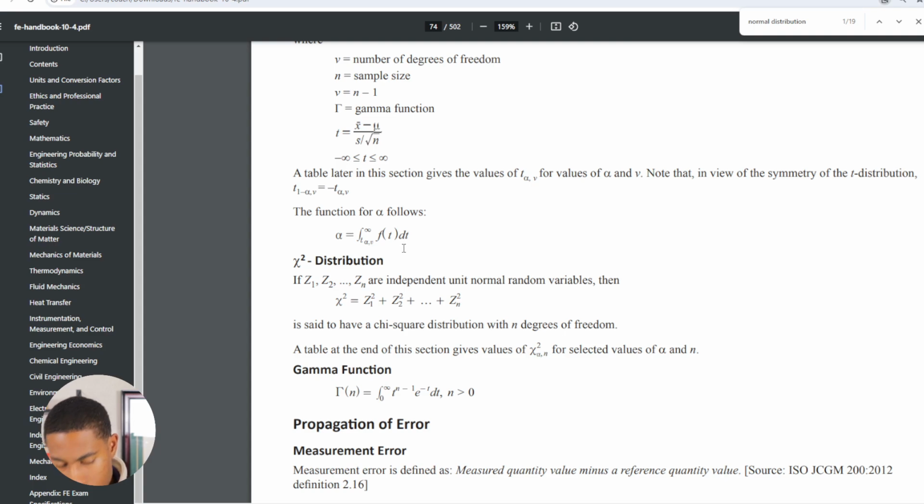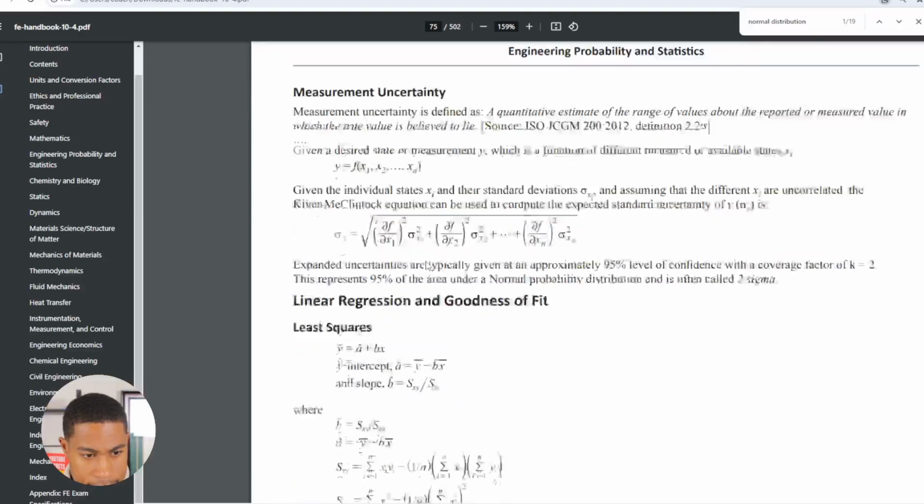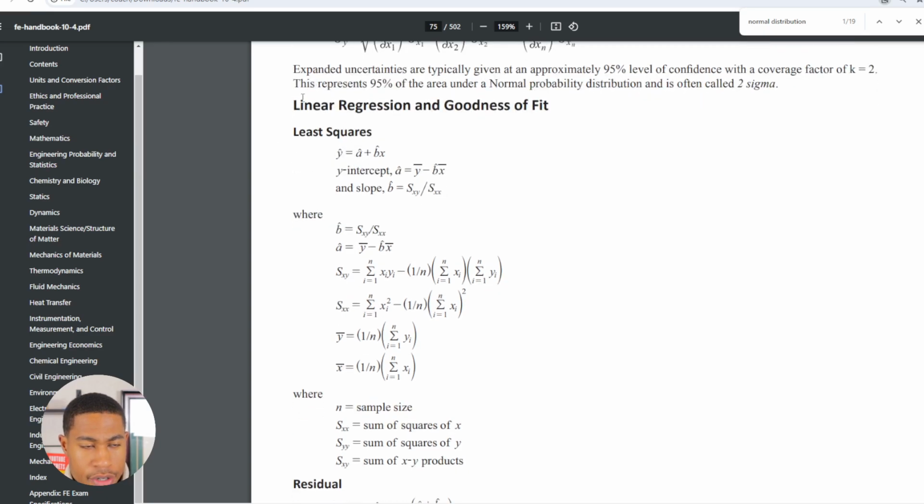Other things. Confidence intervals. And I think we may pass linear regression, so I'll just go over linear regression real quick. With linear regression, there's going to be a bunch of data that you're given. And if you're plotting it on, let's say, an X and Y coordinate system, that data can be similar to some sort of line.